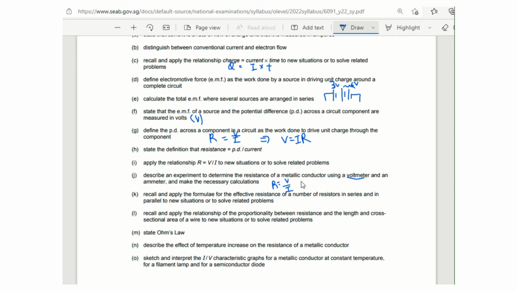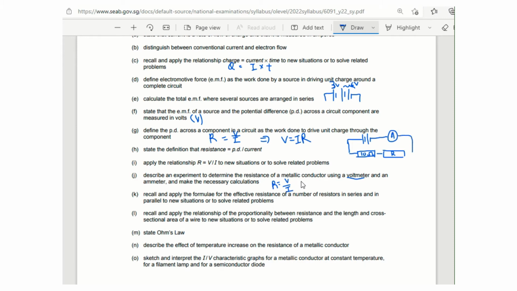So let's assume that I will have this resistor here and I want to find the resistance. So I will connect it, perhaps feed it to a fixed resistor, connect it to a battery, and I will put an ammeter. We denote ammeter with A and a circle.